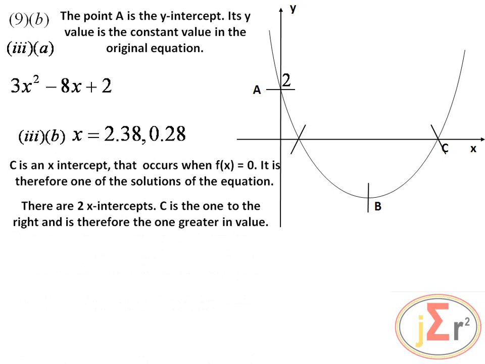C is the one to the right, and is therefore the one greater in value. If we are going along this x-axis, we know that we increase in this direction. C is the one out here, has to be the one greater in value. Therefore, let us put that in. 2.38. Very nice.